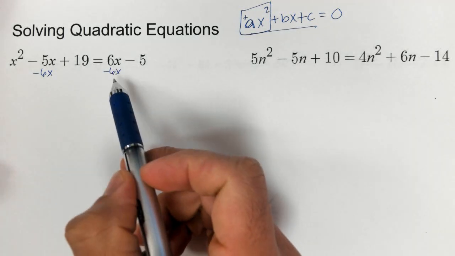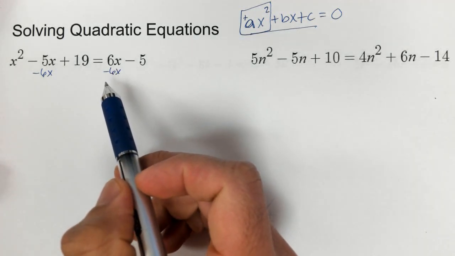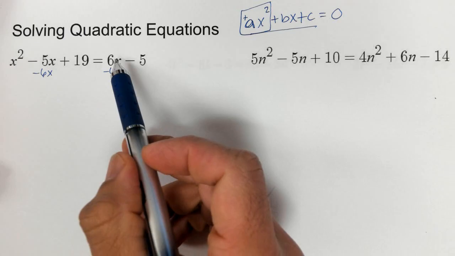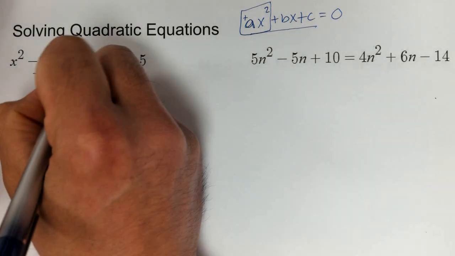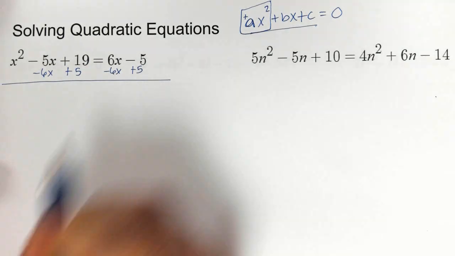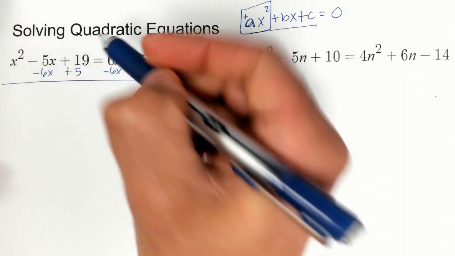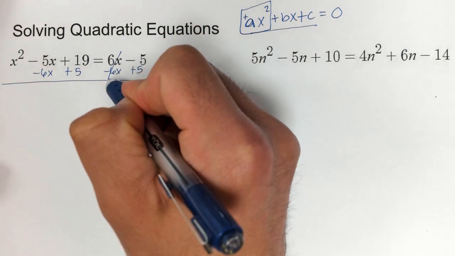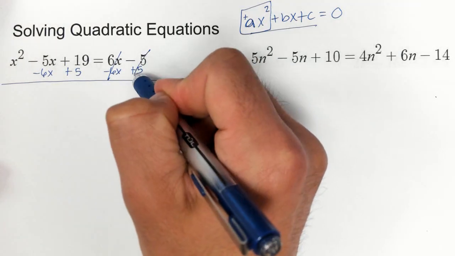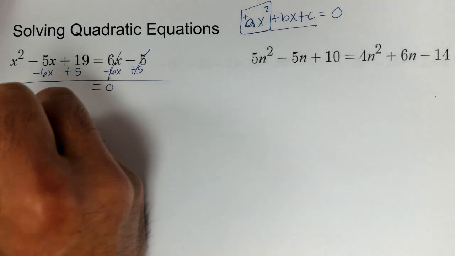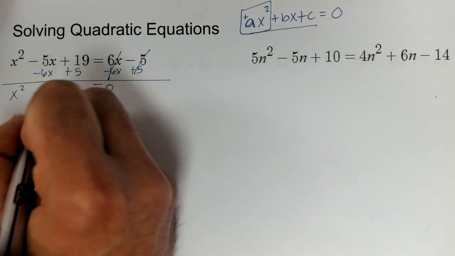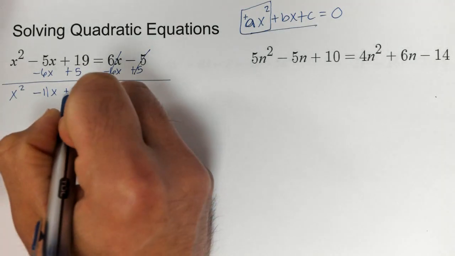I must do the opposite in order for me to have balance in the equation. Now, if I can move the 6x, I can also move the 5. I can do both of these steps at once. Now on the right side, 6x minus 6x gives me 0, and negative 5 plus 5 is also 0. So the equation will equal 0, and on the left, I have x squared minus 11x plus 24.